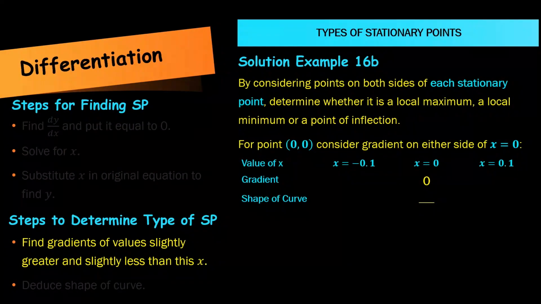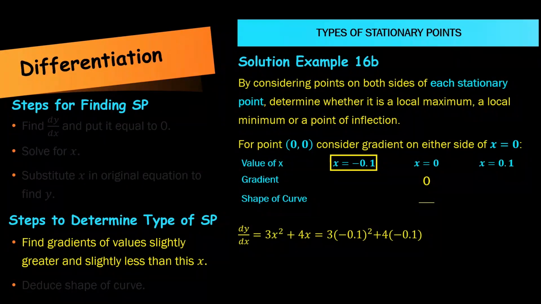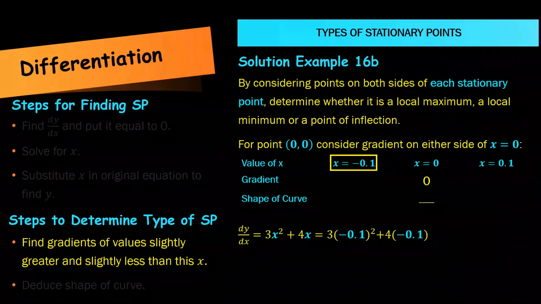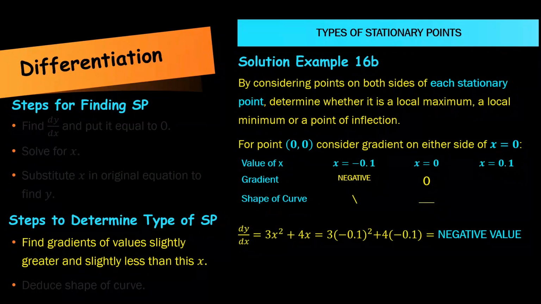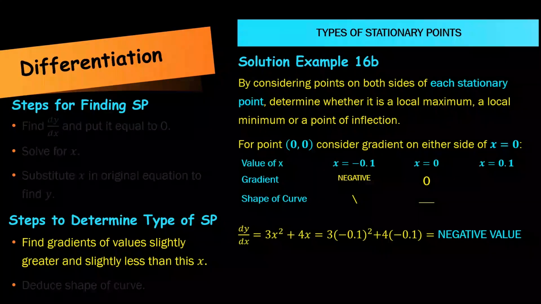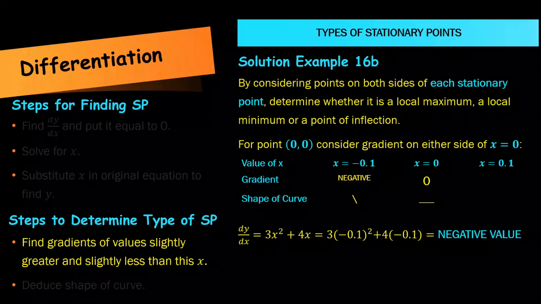For x equals minus 0.1, we're going to substitute this value in the equation for dy/dx, as shown, to give us a negative value. So at x equals minus 0.1, we have a negative gradient, and therefore the shape of the curve is as shown in the table. Let's do likewise for x equals 0.1.